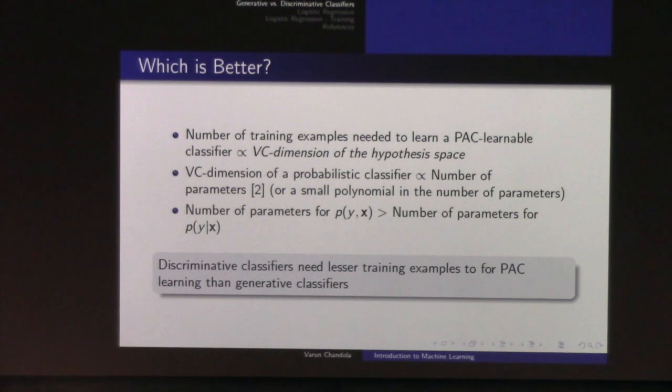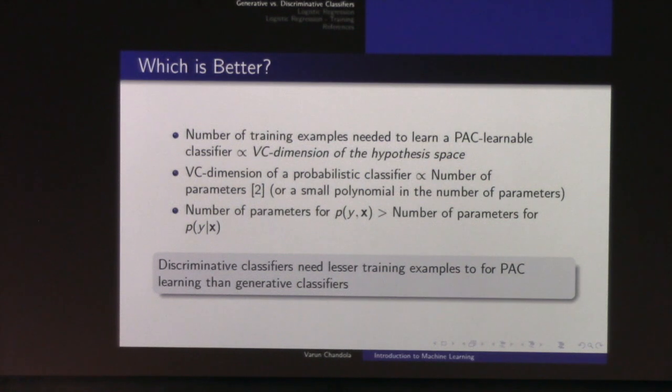So that measures the complexity of a classifier. It has been shown that discriminative classifiers have a smaller complexity than generative classifiers. And it has also been shown that if something has smaller complexity, it would have better generalizability. That we have seen before too, right?